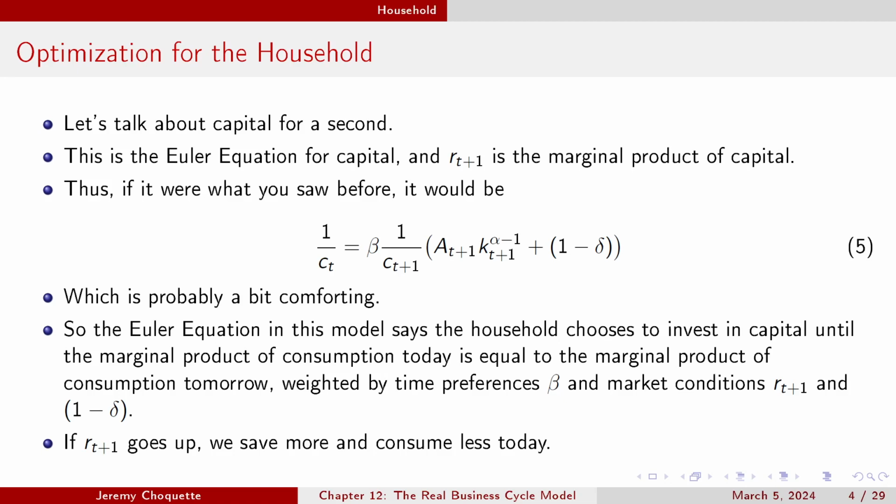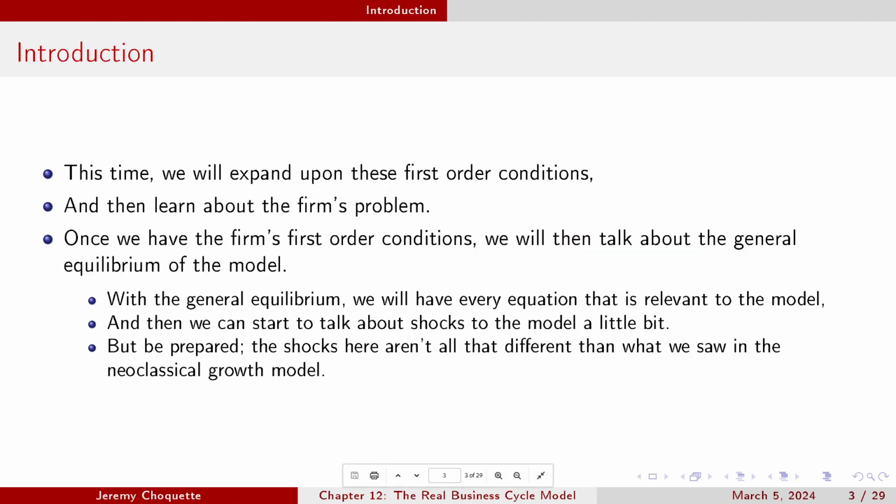So with capital, we had our Euler equation. And if we were doing something with the neoclassical growth model, where it was a centralized model that we were solving, you'd be seeing equation 5. We've seen this with the neoclassical growth model. Now, the cool thing is that the Euler equation for capital in this model is, let's skip back over a few slides.